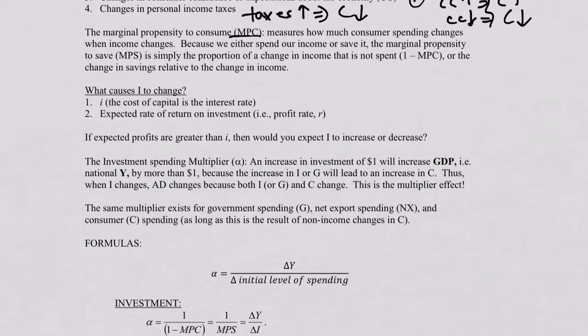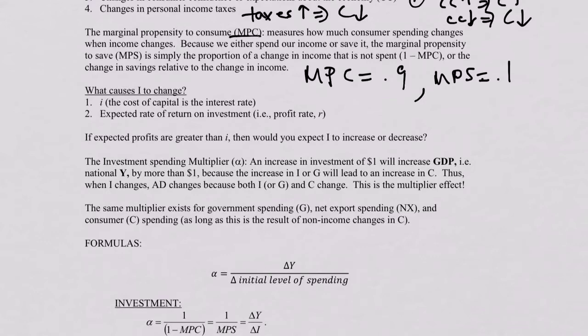Or we could say the change in savings relative to the change in income. So if our marginal propensity to consume is 0.9, so for every dollar increase in income, we spend 90 cents of that, then the marginal propensity to save would simply be 0.1.